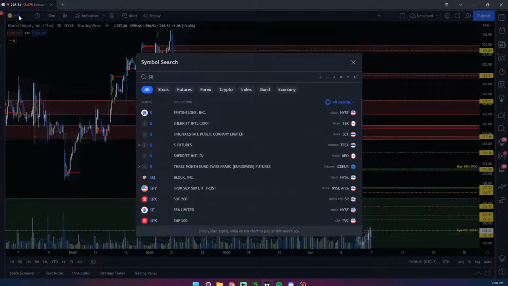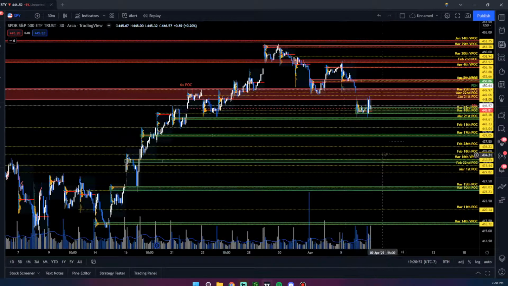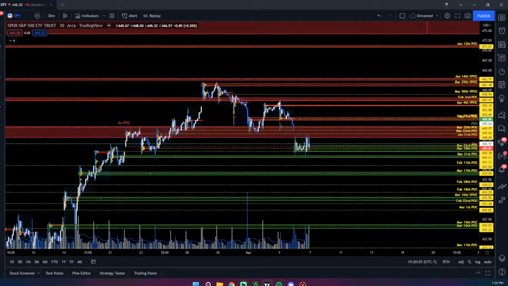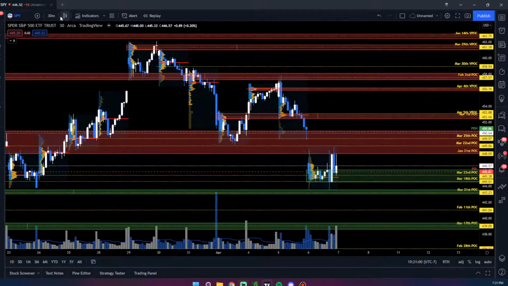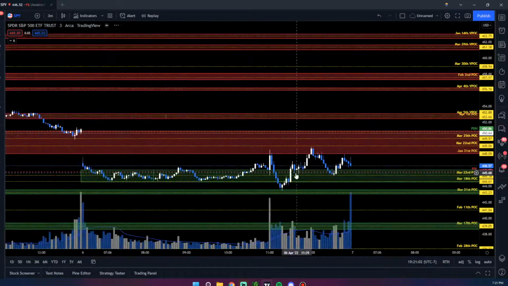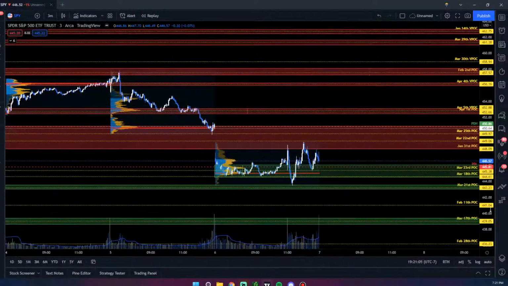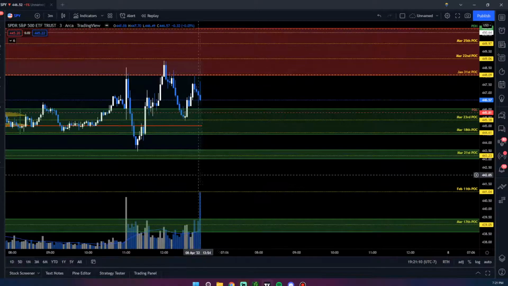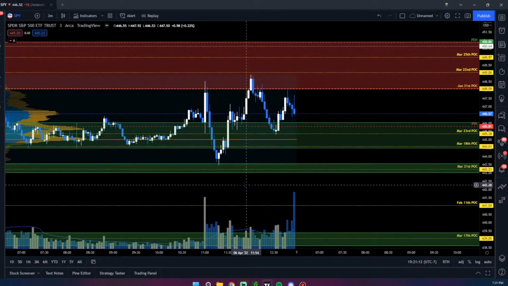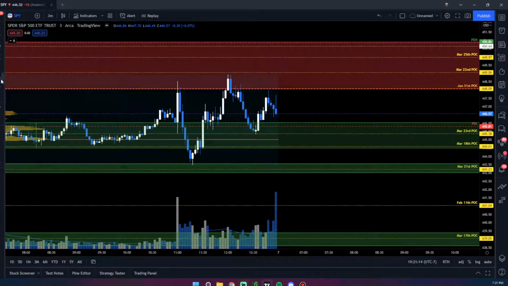But if we go over to SPY, just because that's what I'm more comfortable trading, like I was showing earlier, once you have these levels, how I like to trade is when I see this rejection here, I'll try to take puts right as I'm crossing below this box.